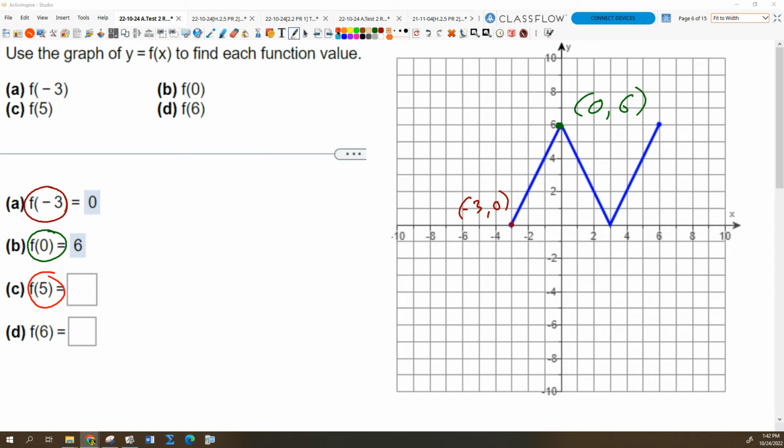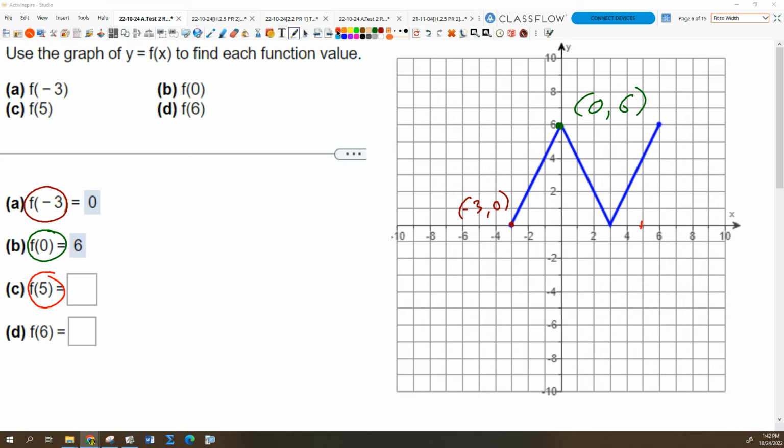Nadia, what's f of 5 then? If I'm inputting an x value of 5, where's the point on that graph with an x value of 5? Do you see why though?